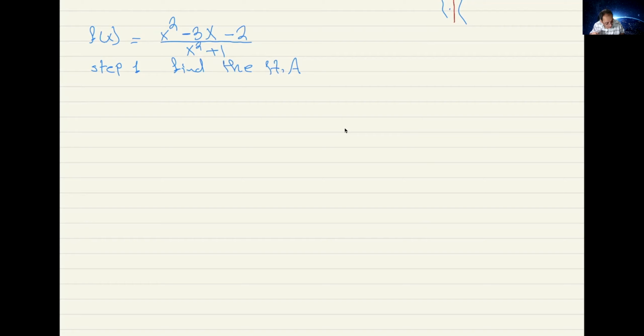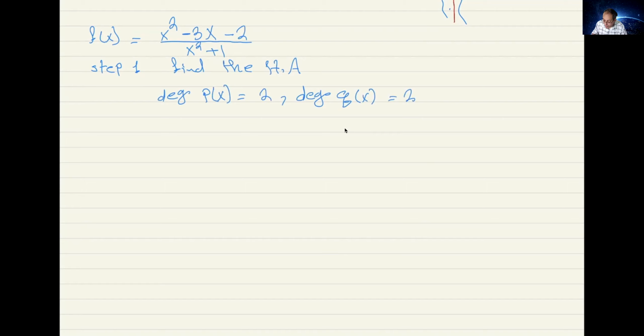So here, based on the rules and what we learned, the degree of p of x is 2, and the degree of q of x is 2.